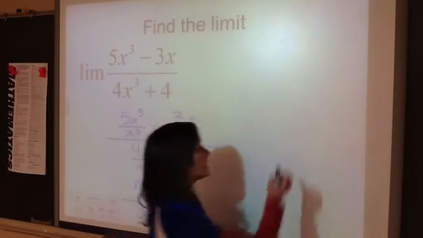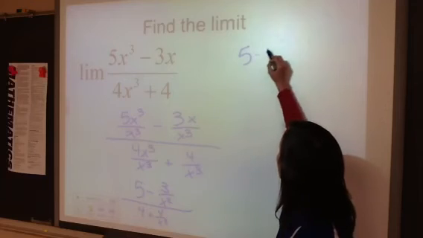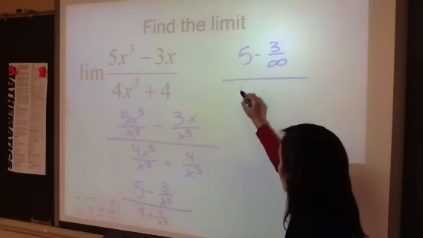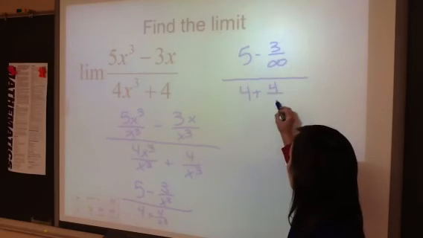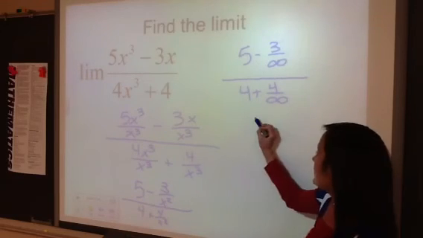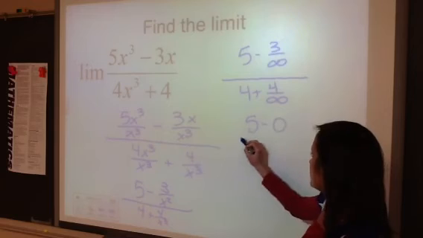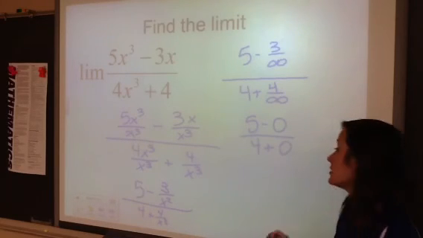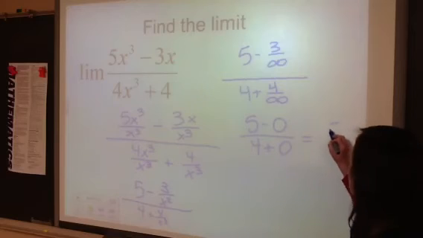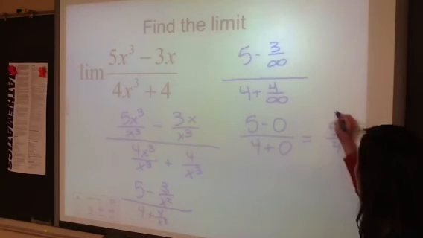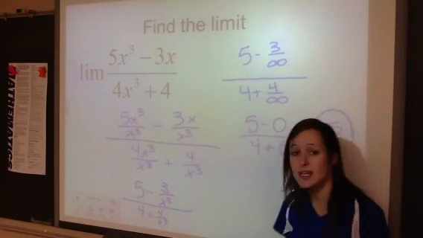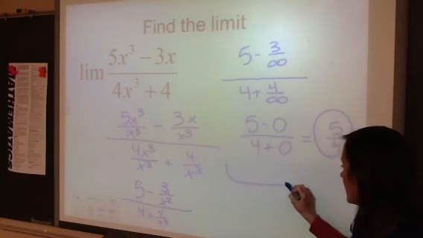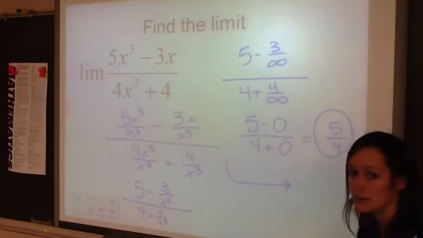So, plug in infinity. 5 minus 3 over infinity, divided by 4 plus 4 over infinity. 3 over infinity becomes 0, so 5 minus 0. 4 over infinity becomes 0, so 4 plus 0. So on top you get 5, and on bottom you get 4. On this one, our graph is flattening out at 5/4. So it's becoming flat.